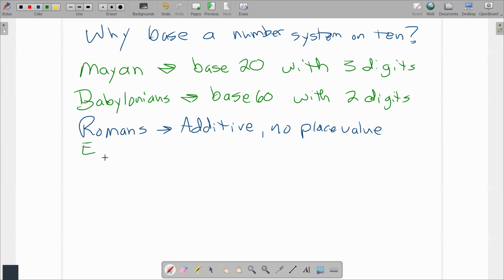Almost identical, slightly with different symbols. And you're probably familiar with Roman numerals a little bit. You've seen them before. The position of the number doesn't matter so much, or they tended to list them from largest to smallest. Egyptians did something similar.